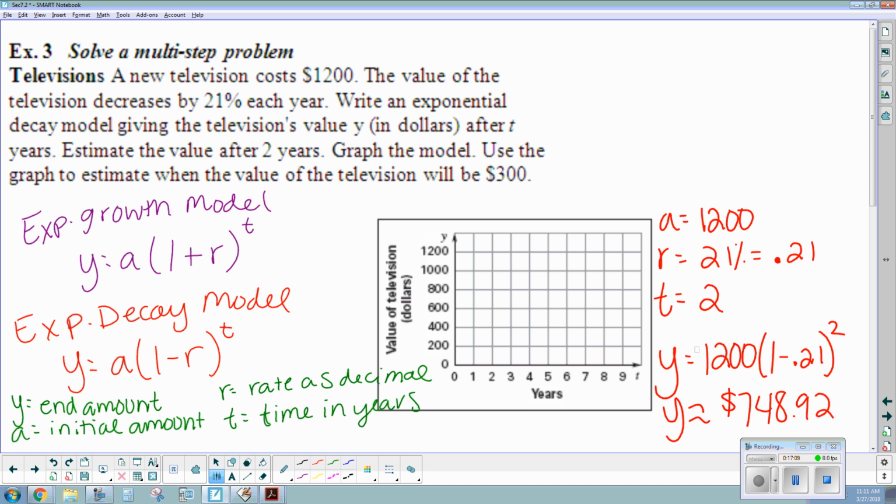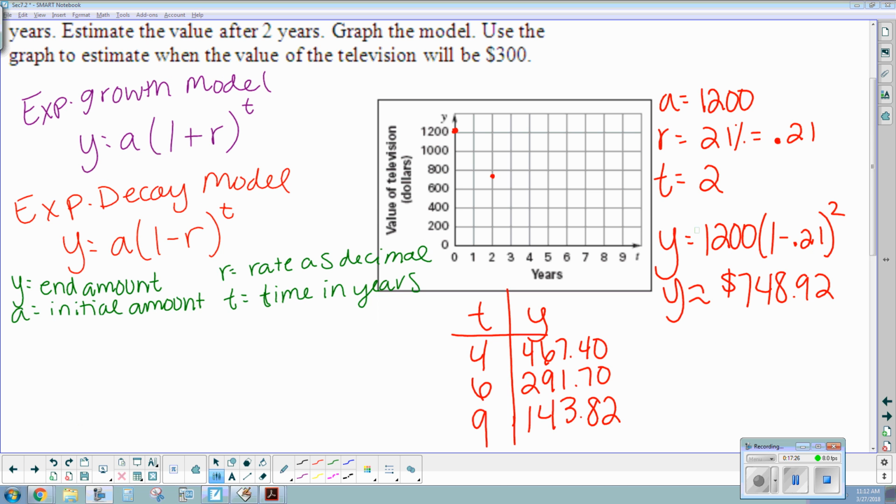So after 0 years, we have 1,200, but after 2 years, our television's only worth about $750. And you can plug in a few other values here too to get a more accurate curve. So I just plugged in a couple more values. So when t is 4, so after 4 years, our TV is worth $467.